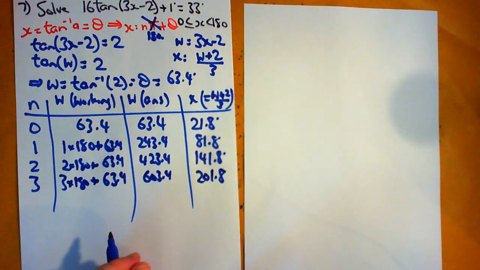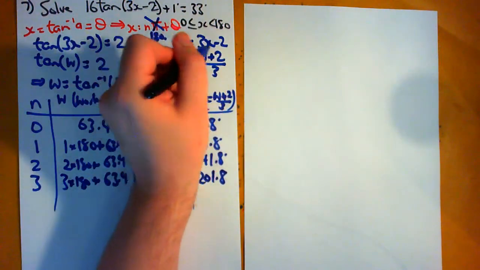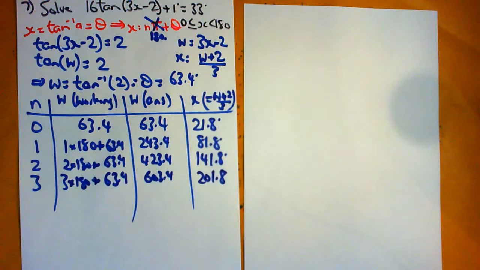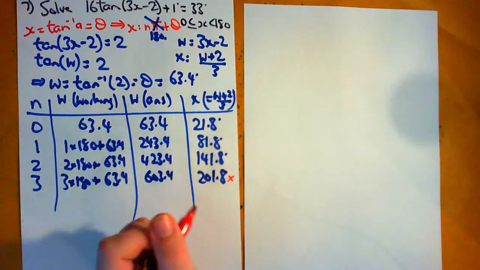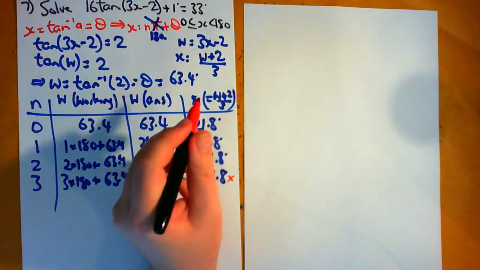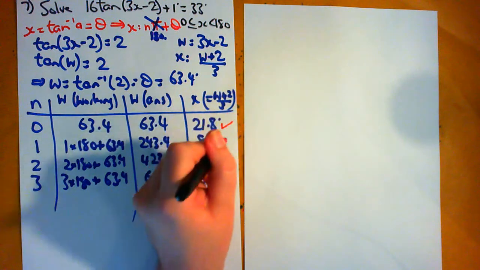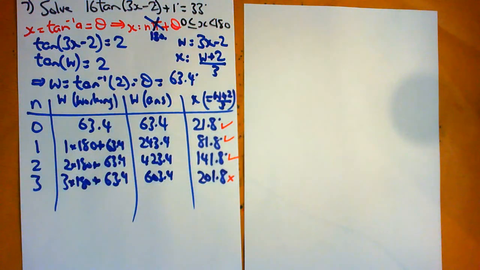Now notice that we're only interested in solutions between 0 and 180 degrees. We've already gone past 180 degrees, so 201.8 is too big. These three are all between 0 and 180, and let's check that there isn't a sneaky solution between 0 and 21.8. So let's make sure that we've got them all.